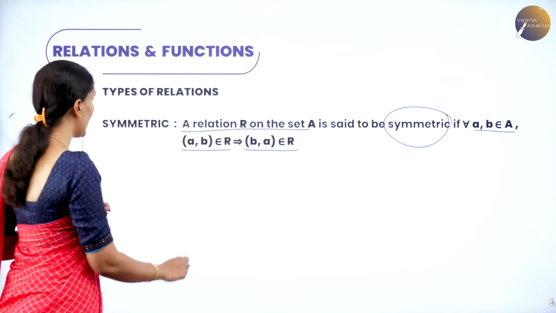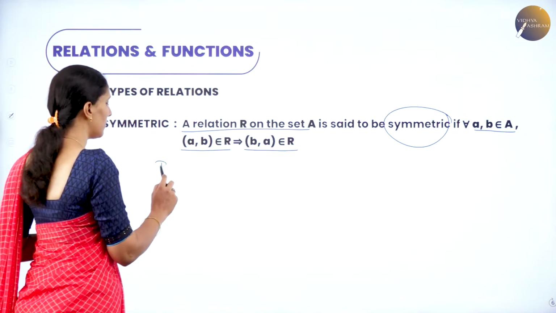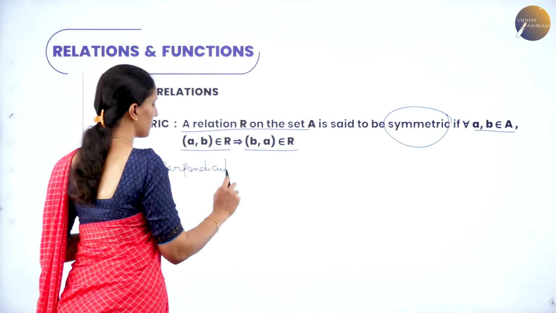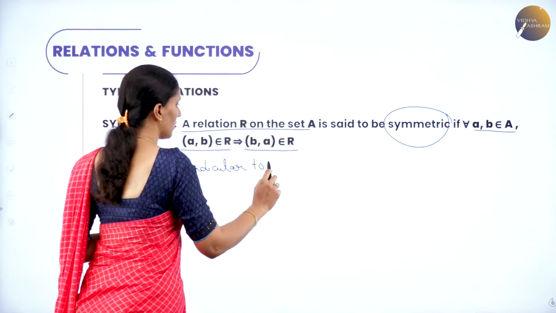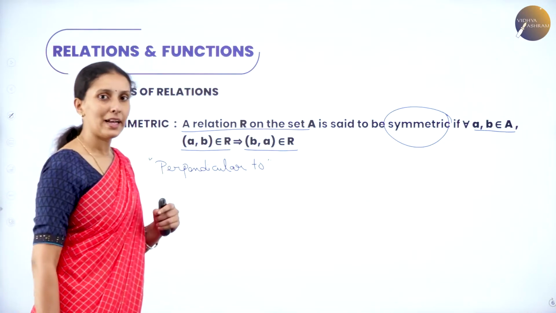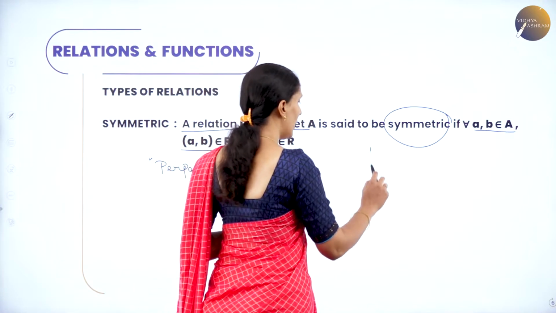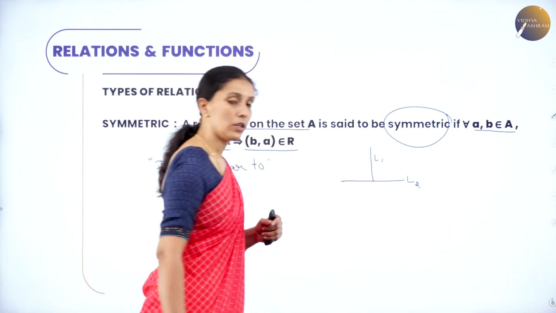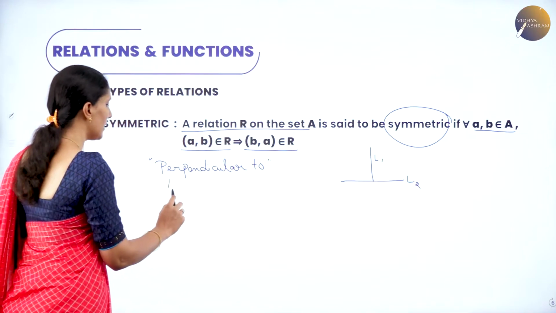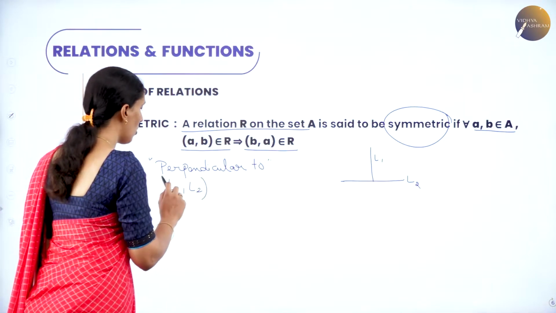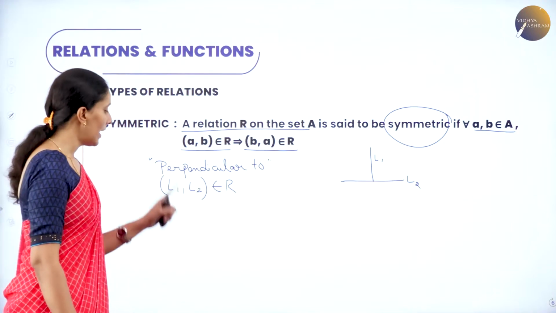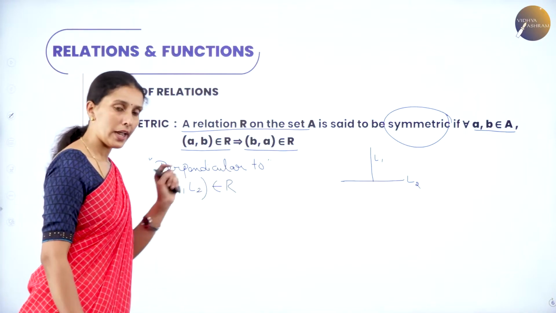So I'll take an example of "perpendicular to". Let me consider two lines L1 and L2. This is line L1 and this is line L2. So clearly we can say (L1, L2) belongs to R. (L1, L2) belongs to R means L1 is perpendicular to L2.